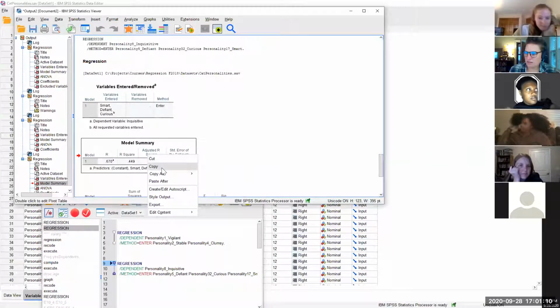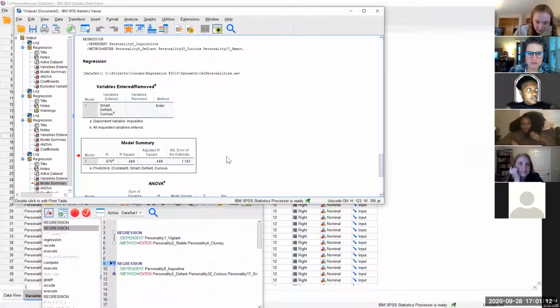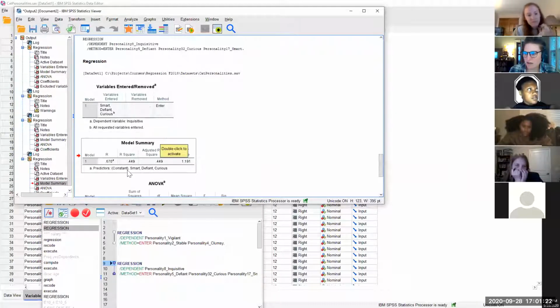so the first thing we have here is our R squared, which is the amount or the percent of variance in inquisitiveness that is predicted by being smart, defiant, and curious. Now, just thinking about these, what's your hypothesis about which direction these are going to go? Are these going to be all positive relationships, negative relationships?